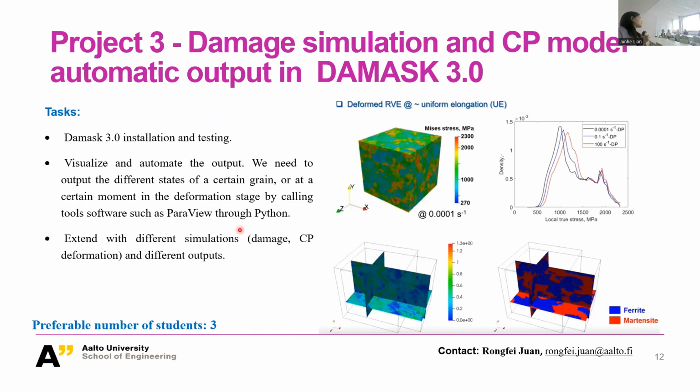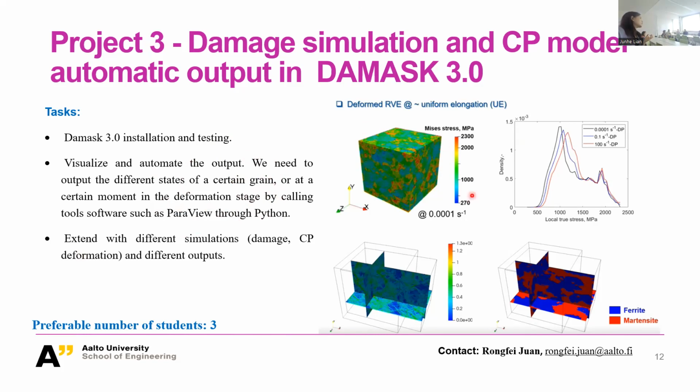Here's the detailed task introduction. The first one, install the new Damask version, and the second one is our main work in project 3: visualize and automate the output. We need to do the output of the different states of a certain grain.